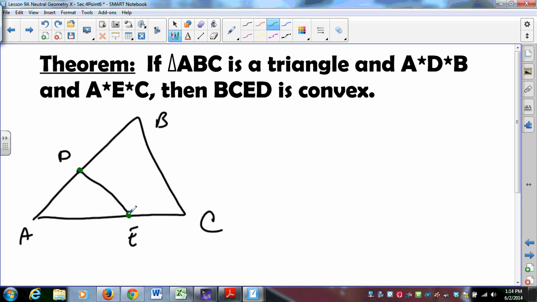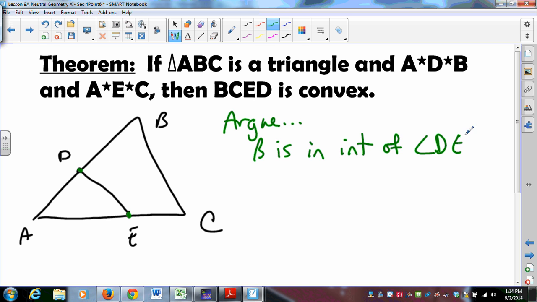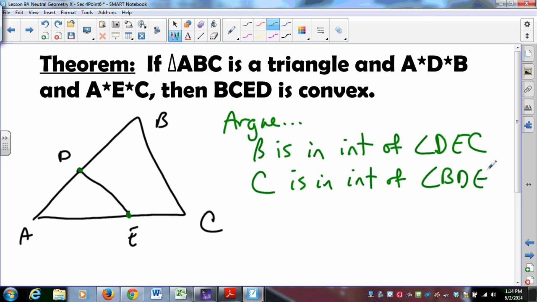So with E trapped between A and C, it is in the interior of angle ABC. It will be your job to argue that B is in the interior of angle DEC and C is in the interior of angle BDE. But I think you can make some good same side arguments and nail that sucker down.